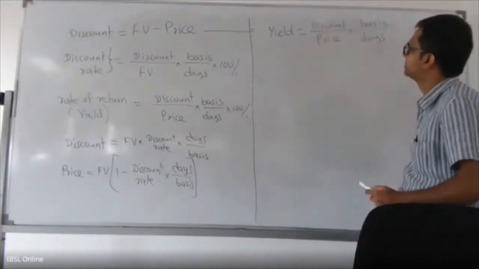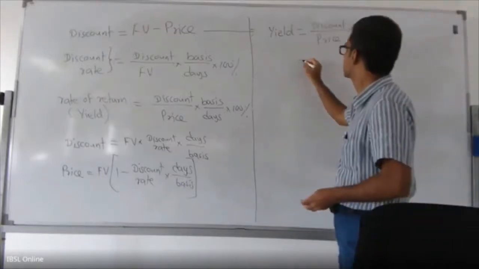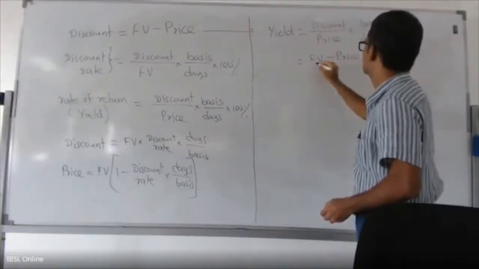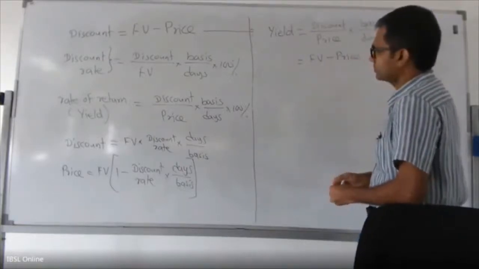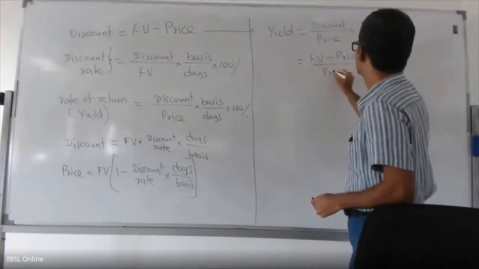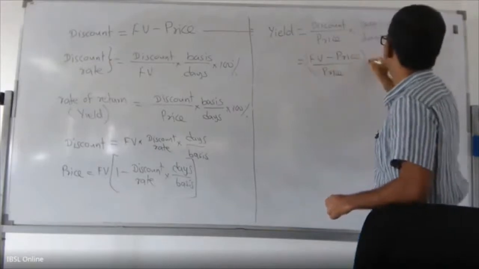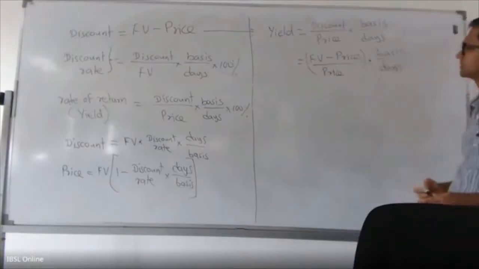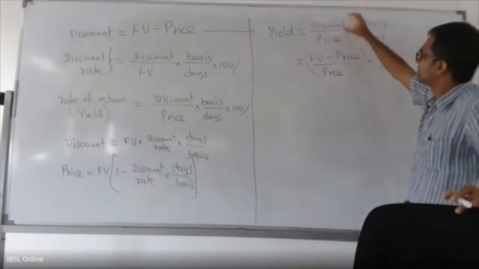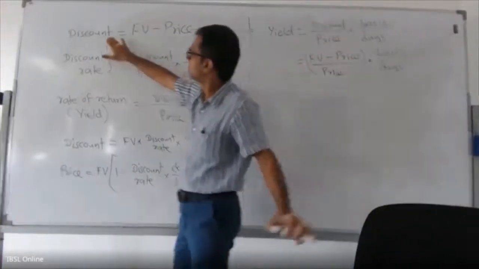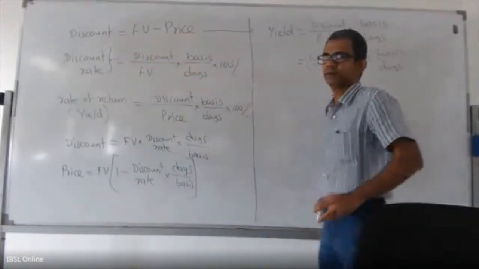What is discount? Face value minus price over price into basis over base. Correct? Is it clear? Instead of discount, I wrote the original version. What is discount? That is the face value minus price.